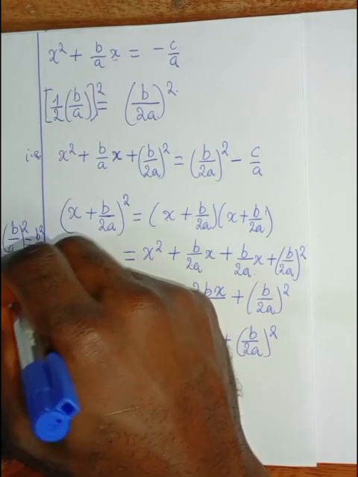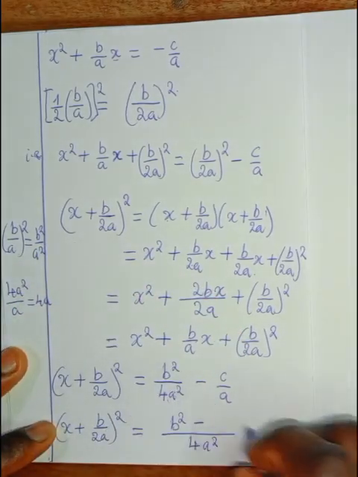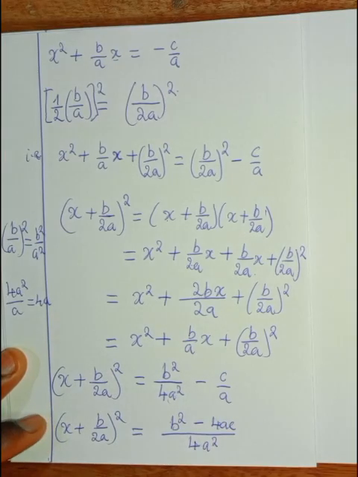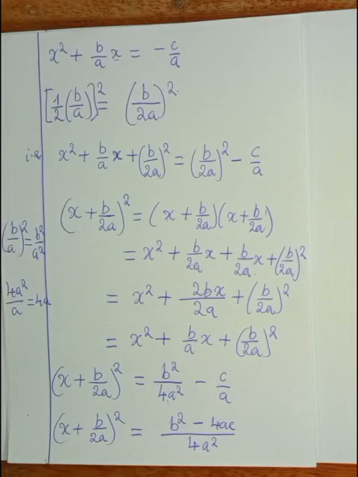You can see it, this 4a. 4a times c will give us 4ac. The next step, we need to make x the subject of the formula. So we are going to take the square root on both sides.